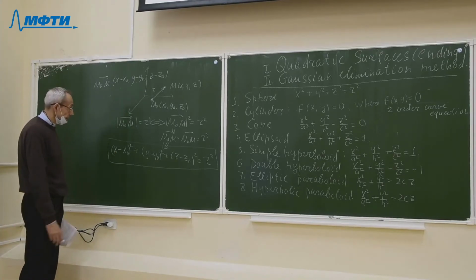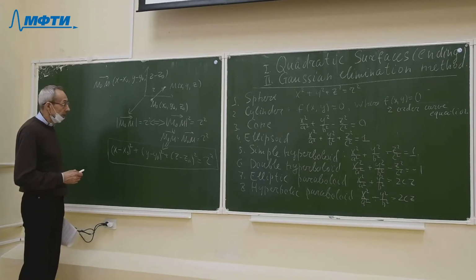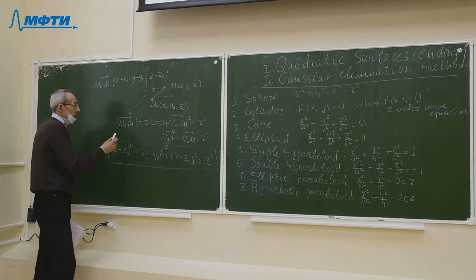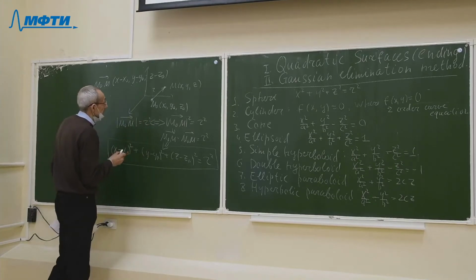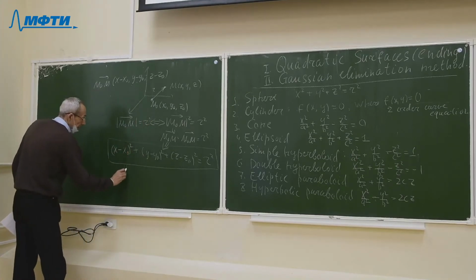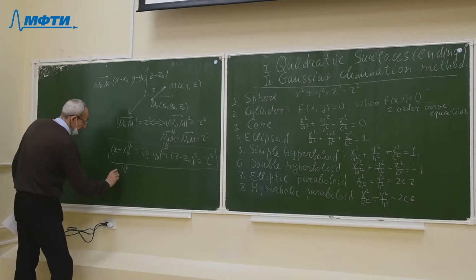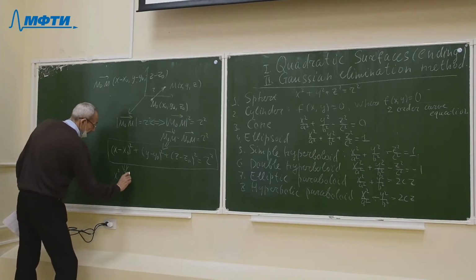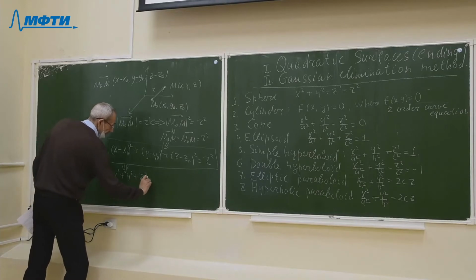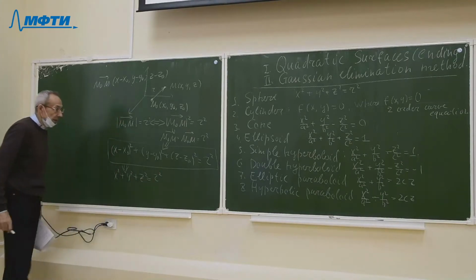If we choose the origin of the coordinate system which coincides with point M0, we obtain the canonical equation of the sphere: x squared plus y squared plus z squared is equal to r squared.